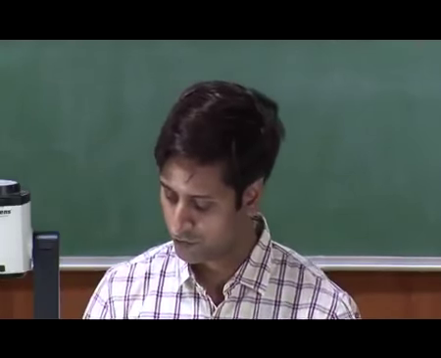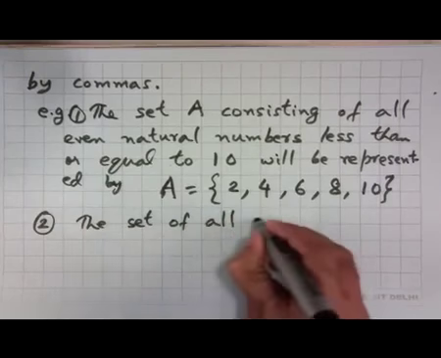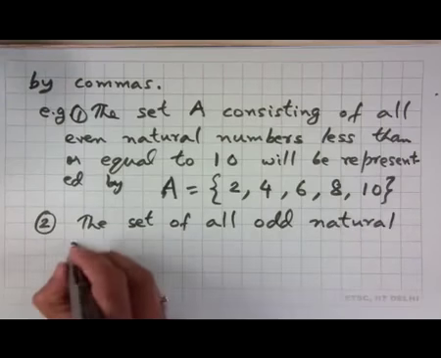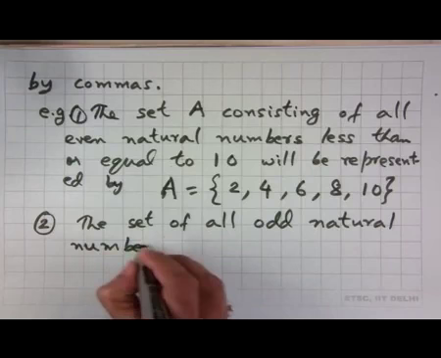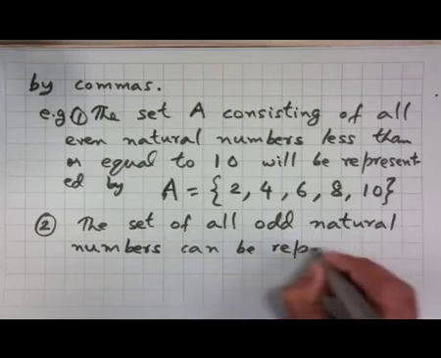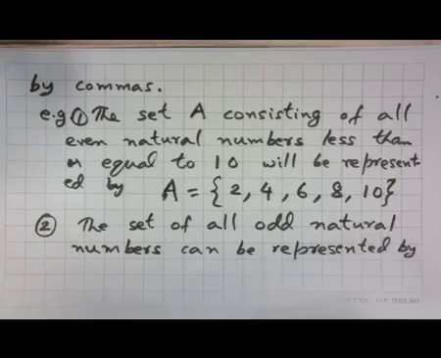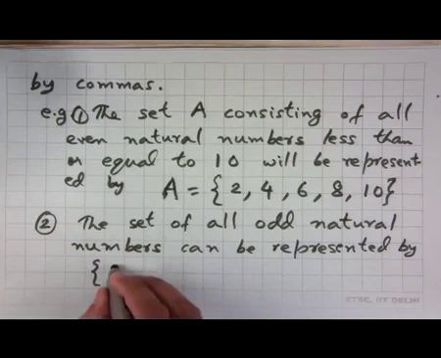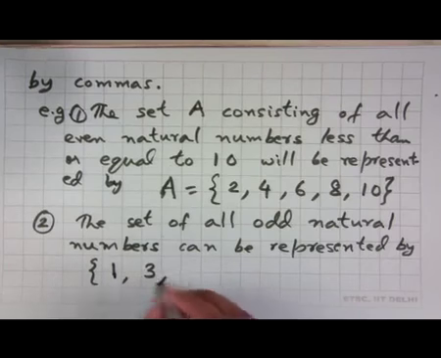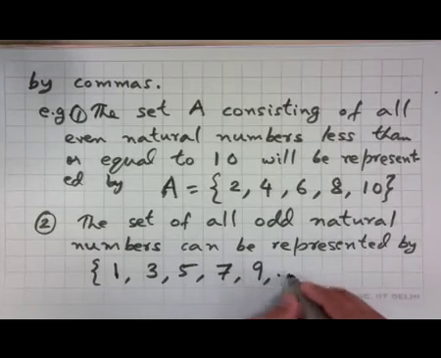For example, the set of all odd natural numbers can be represented by: 1 is the smallest odd natural number, then the next one is 3, 5, 7, 9 and then we put dot dot dot.